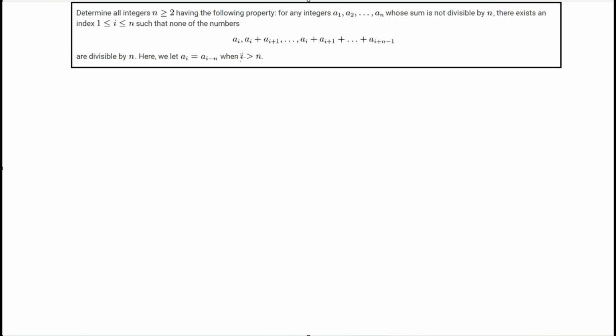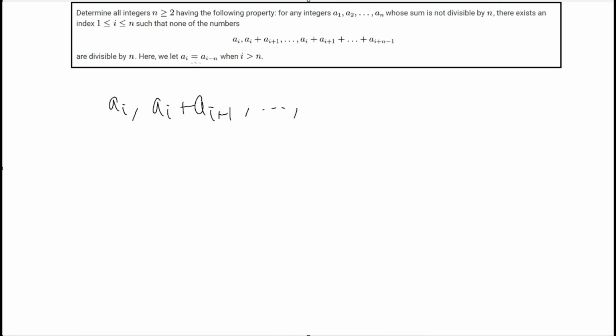So let's understand what the problem statement is saying. So we know that there's an index i such that all of these numbers are not divisible by n. So we get ai plus 1, and so on and so forth, and we go all the way to ai plus n minus 1.